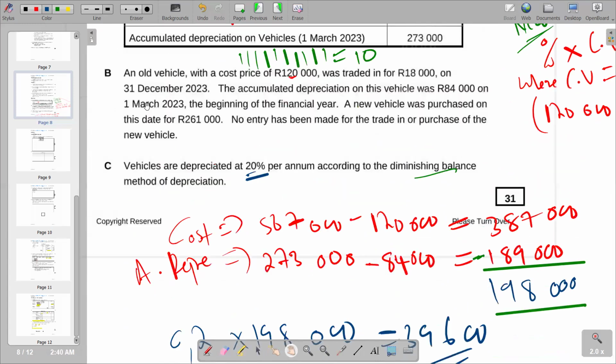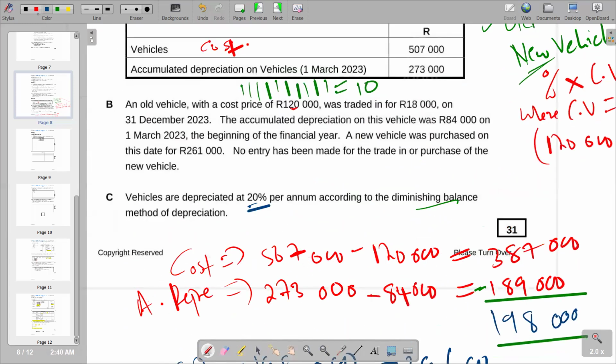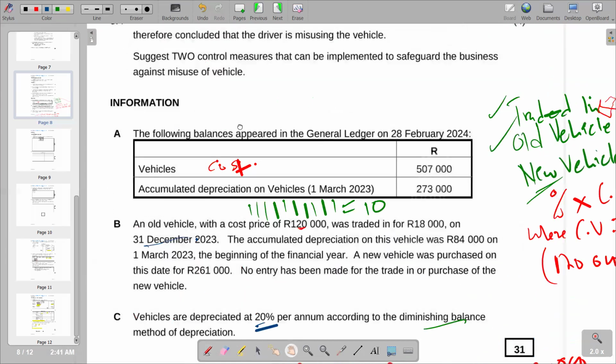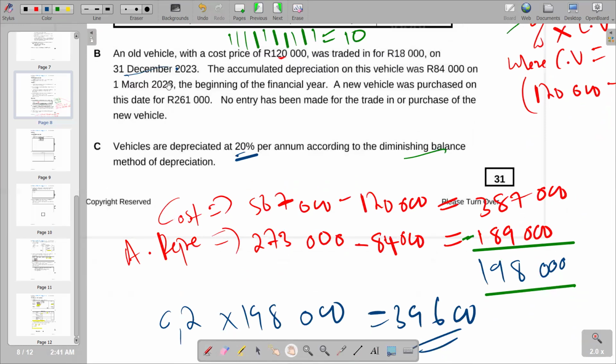So remember, this vehicle was purchased on 31 December 2023, and our year is ending on the end of February. So basically it stayed January and February, only 2 months.